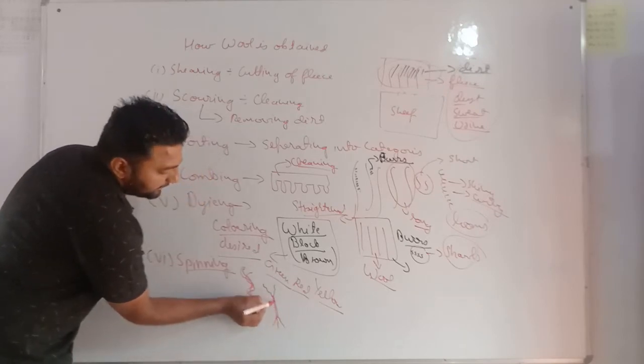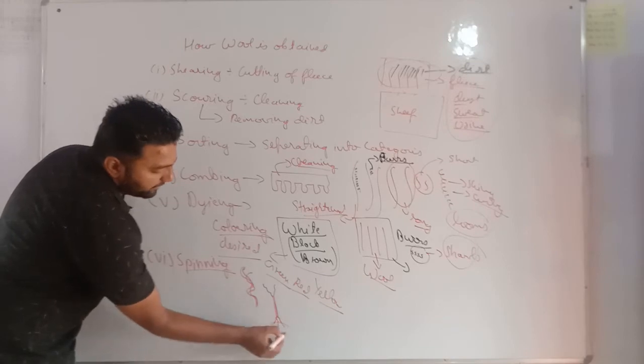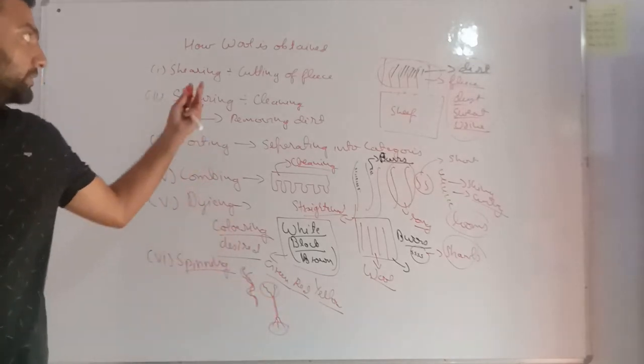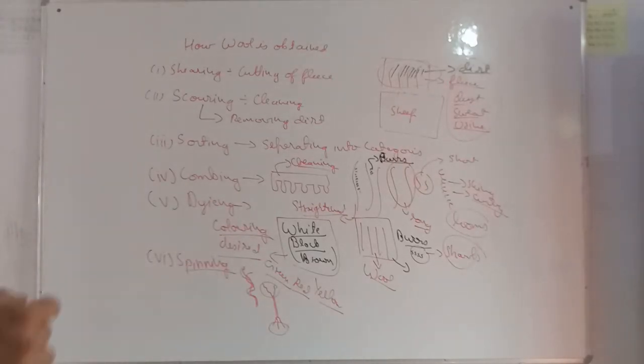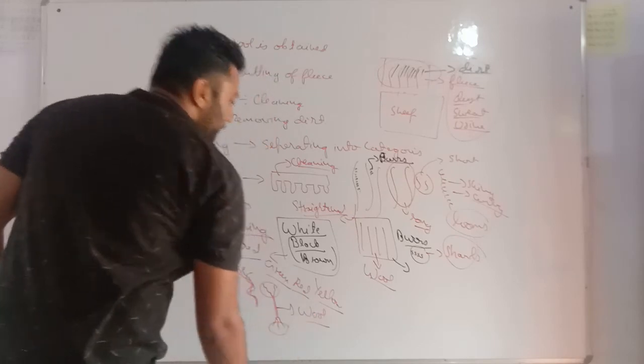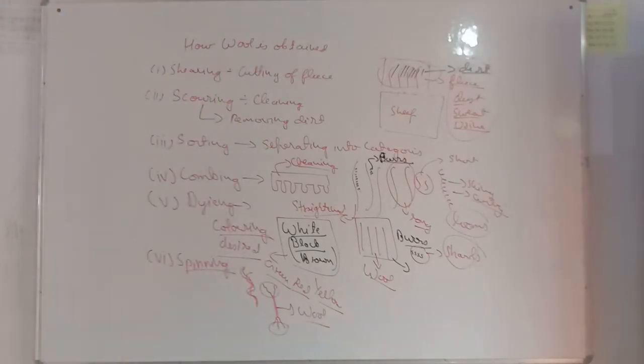After spinning, we will get a thread. These are fibers and this is a thread. So this is the process of how we get wool, and this thread we call wool or yarn of wool.